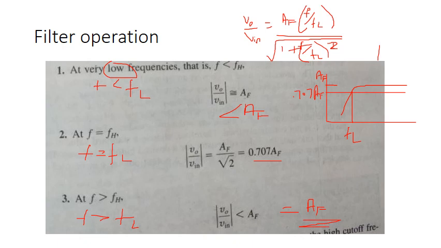So any frequency beyond this FL over here will be AF. Frequency less than FL will be less than AF. Frequency equal to FL will be 0.707 AF. So with this gain magnitude equation, the operation of the high pass filter is verified.